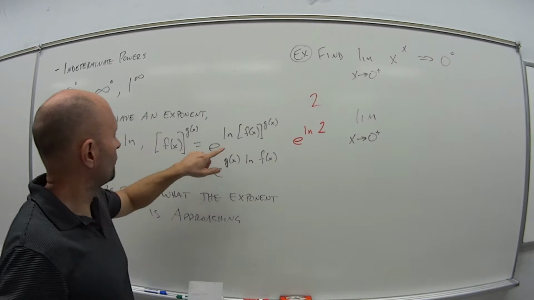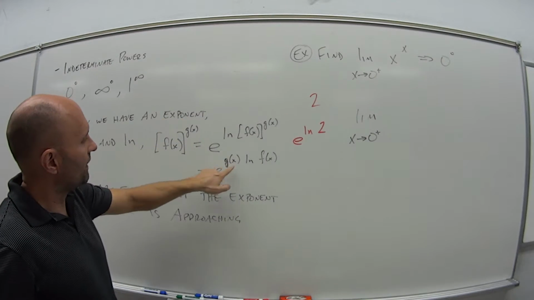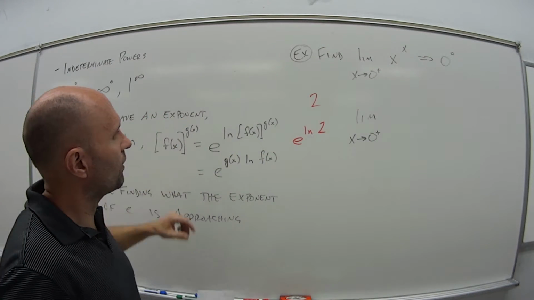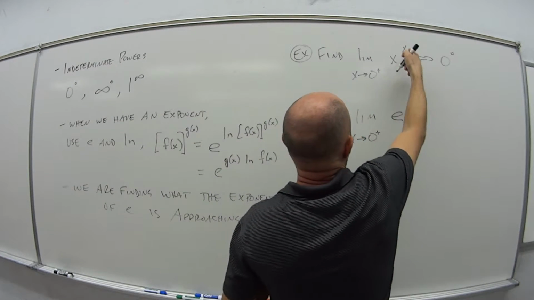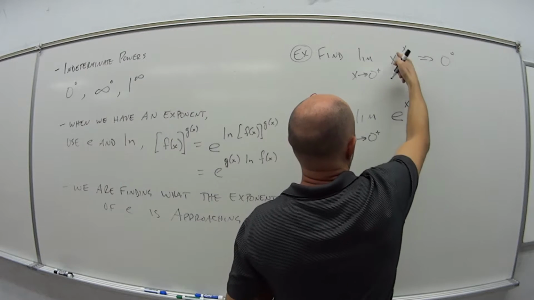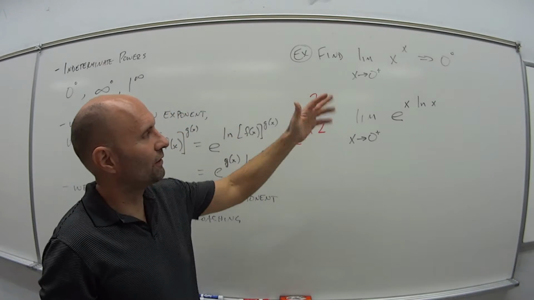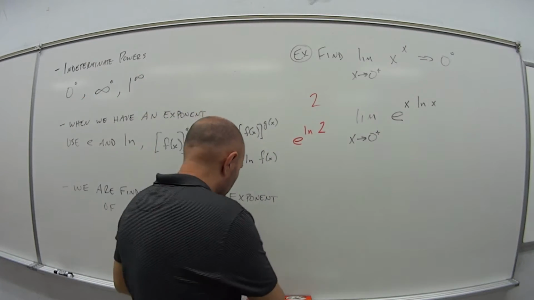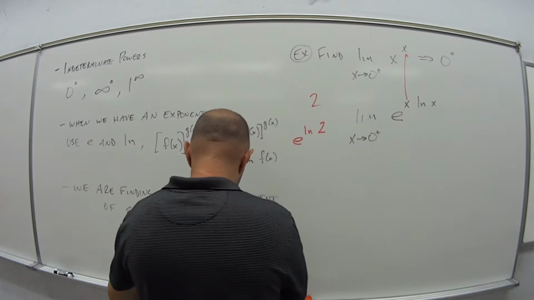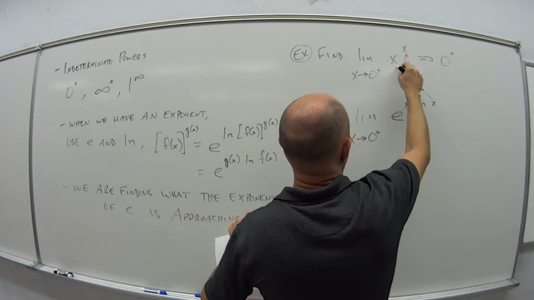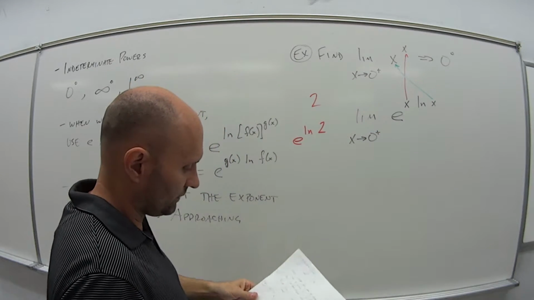We had some function to some power. Whatever the power was goes first, and then the natural log of that function. So this would be e to the x times the natural log of x. It's a little confusing because they're both the same variable, but this x relates to the exponent, and this x relates to the base.